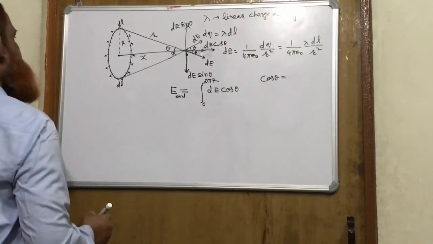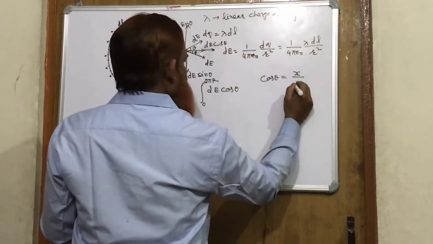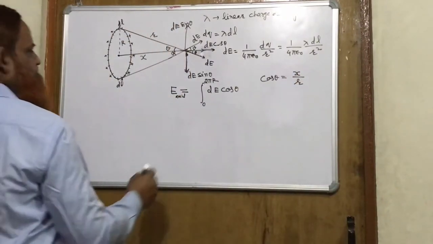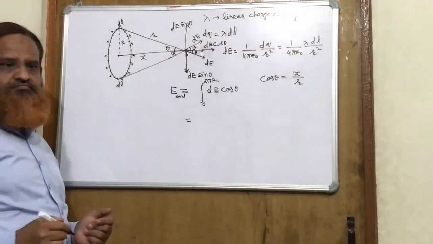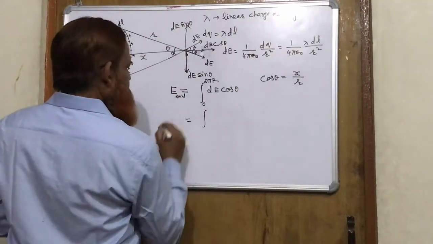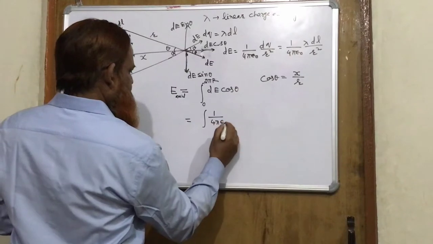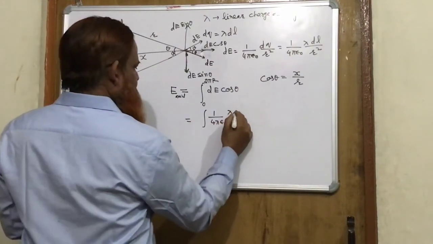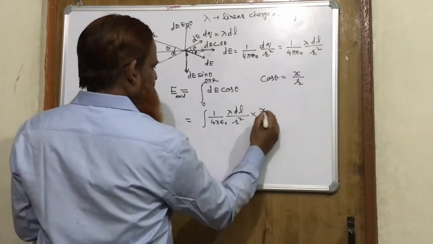It is base upon hypotenuse, x upon r. Put the value of dE: 1 upon 4 pi epsilon naught lambda dl upon r square into x upon r.